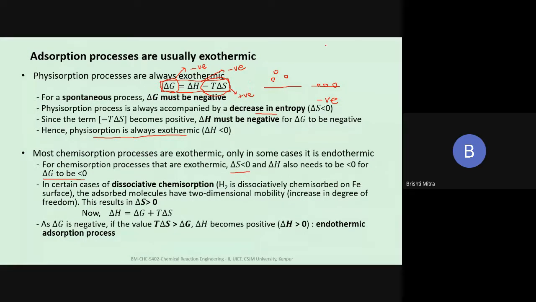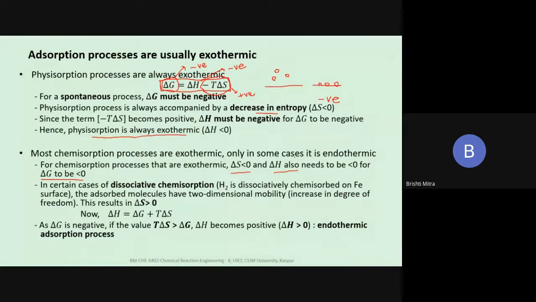Free gas molecules are in the atmosphere or in the bulk, and when they get adsorbed on the surface, the entropy becomes low. If entropy becomes negative, then T delta S is positive, and delta G has to be negative for the entire process to be spontaneous.